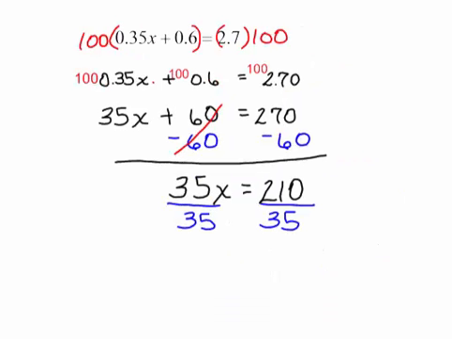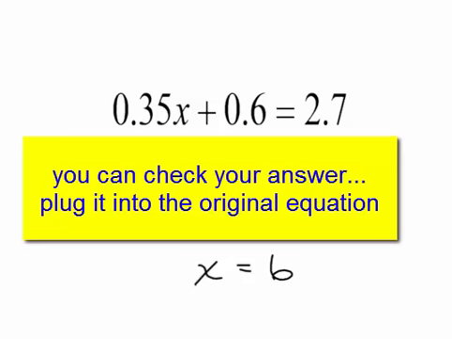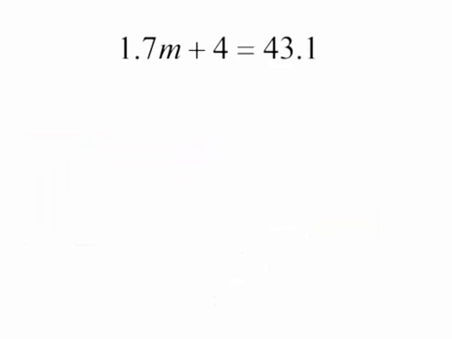We're almost done. 35 divided by 35 will just be 1x or x, and 210 divided by 35 is 6. I can always go back to my original equation, plug in 6 for the variable, and see if my equation is indeed equal. Let's keep working.